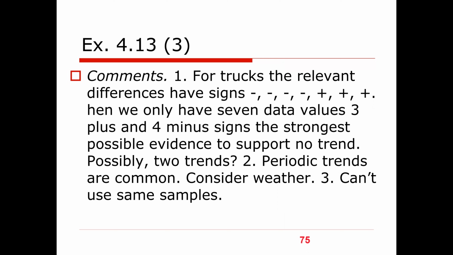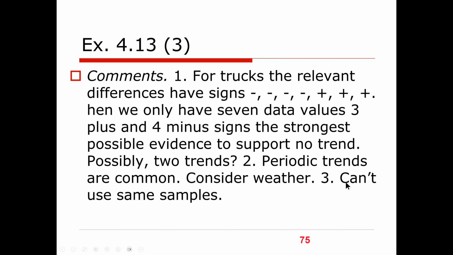There are some comments we can make based on this result. Periodic trends are common, considering things like weather or other factors. And the inference is only valid for vehicles in this sample.